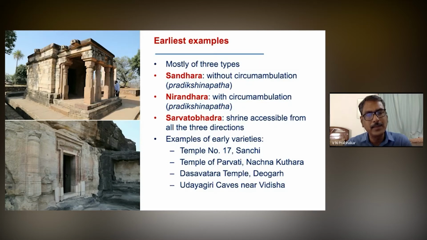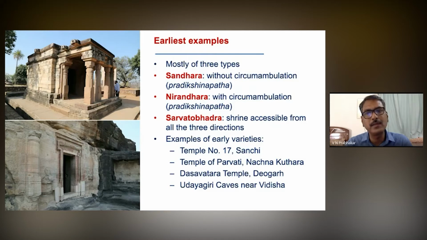It is a pilaster actually, along with a door jamb, but there are additional pillars in front of the shrine, making it a mandapa or a mukha mandapa in the architectural forms. They are emerging out of the rock-cut architecture, but not completely out of it. They started to construct fully structural forms, like in the case of Sanchi.